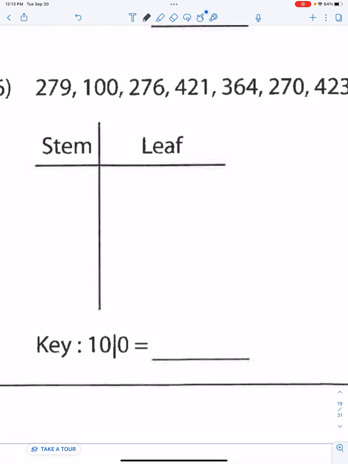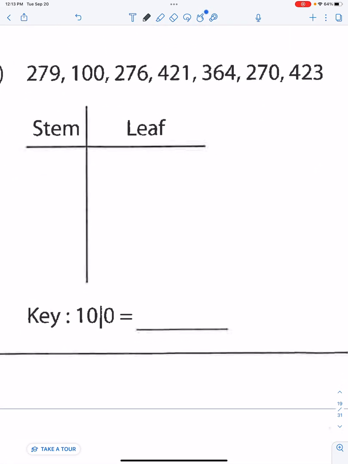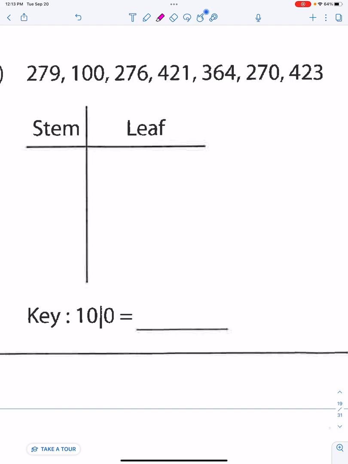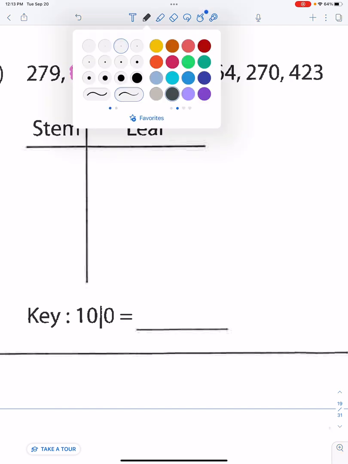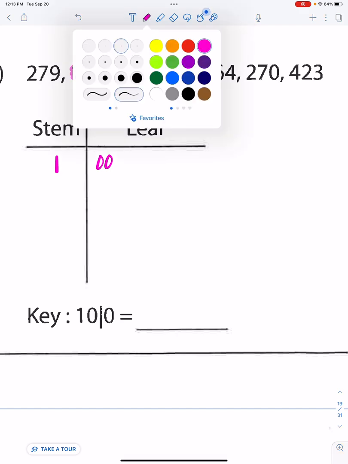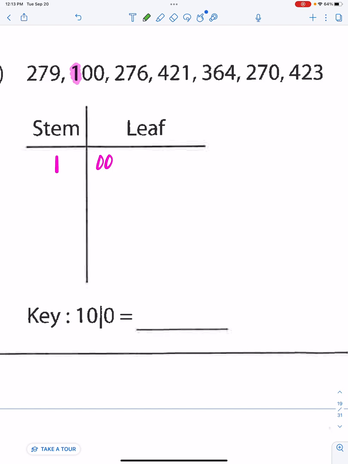Look at one more. I've got a 100. So I know that that one is going to get a 1 for the stem and a 00 for the leaf. I've got some 200s.